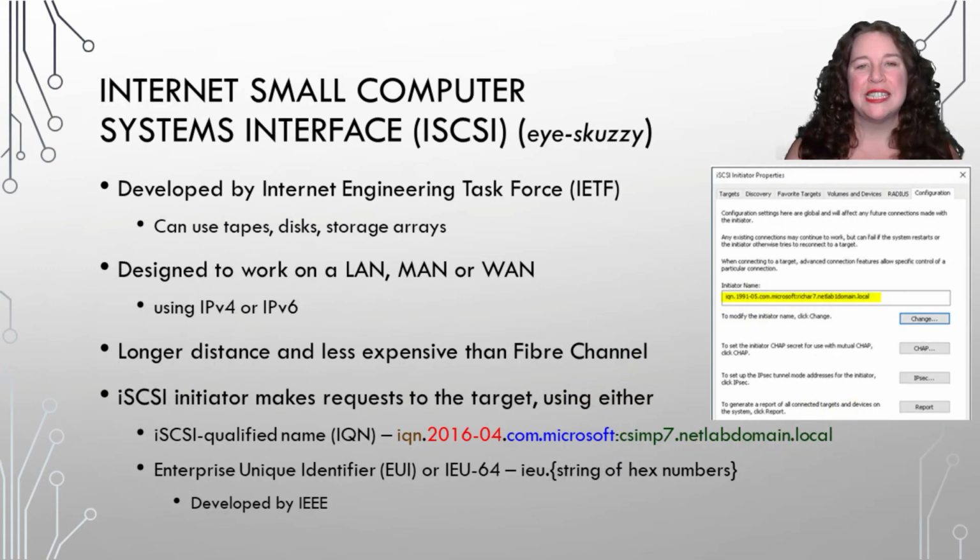So we talked about SCSI drives a couple of slides ago. Now we're going to talk about the Internet Small Computer Systems Interface, or iSCSI. Yes, that's actually what it's called.